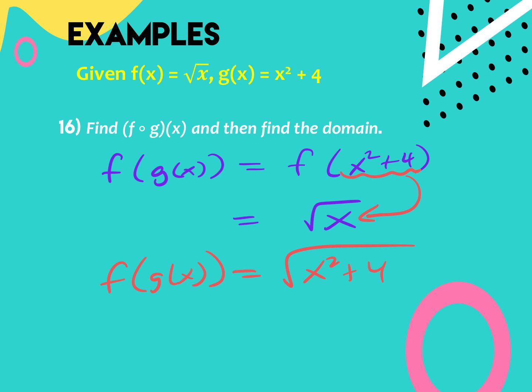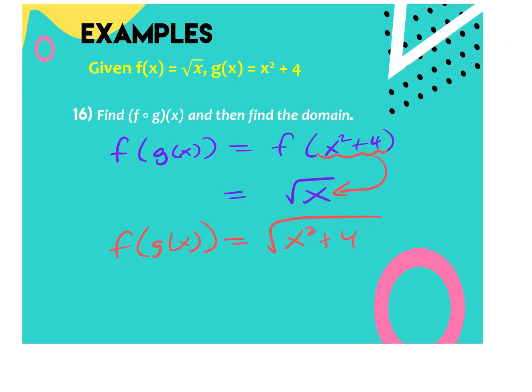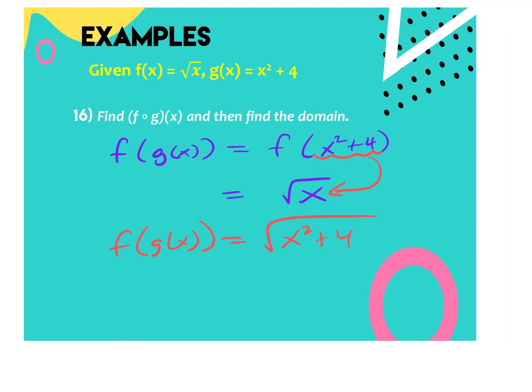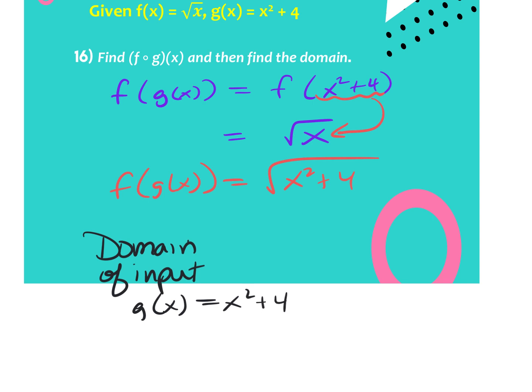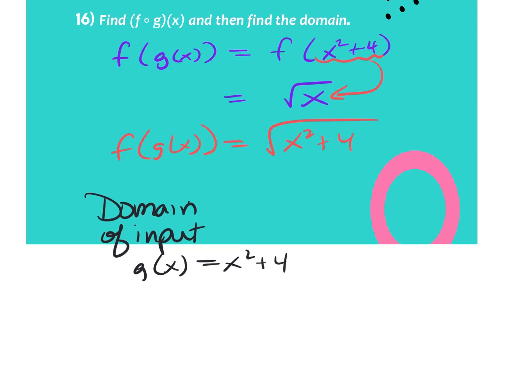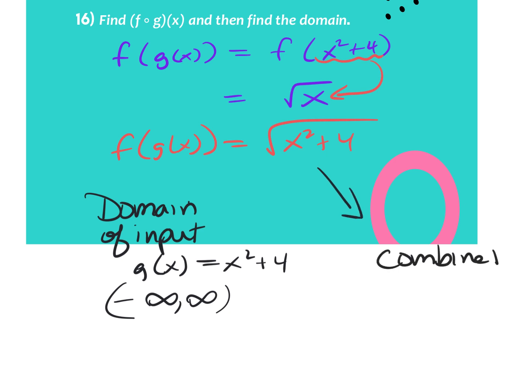So now let's go ahead and find the domain of both of these. Let's see the domain of the input. Remember, your input was the g of x, and it's x squared plus 4. No restrictions here. So this time my input is all real numbers. However, my combined function's domain has a restriction.